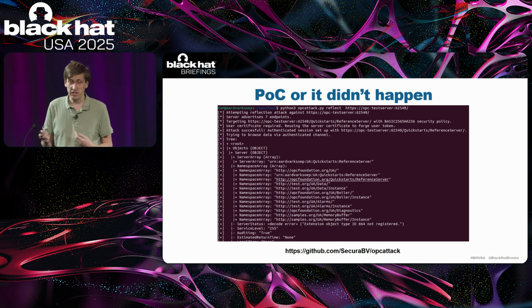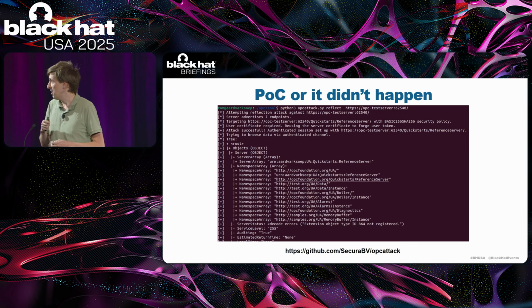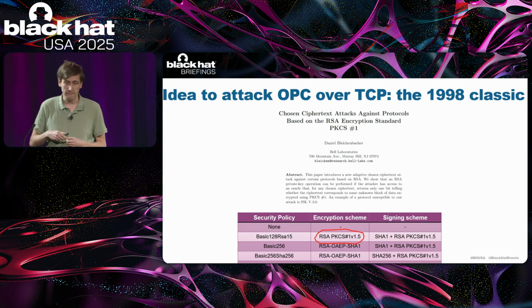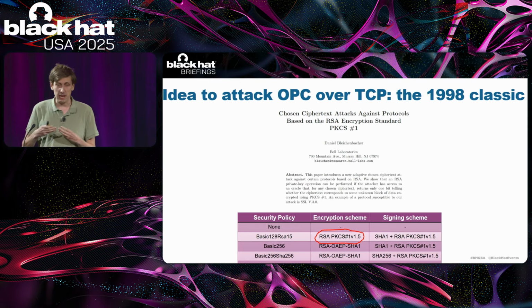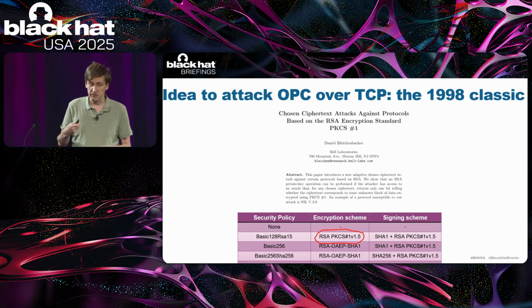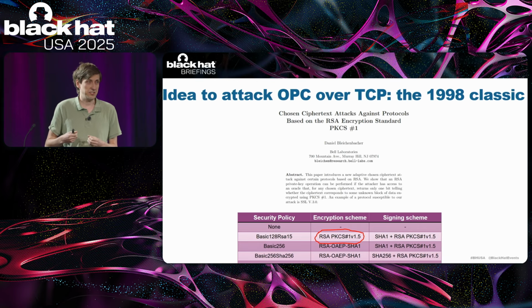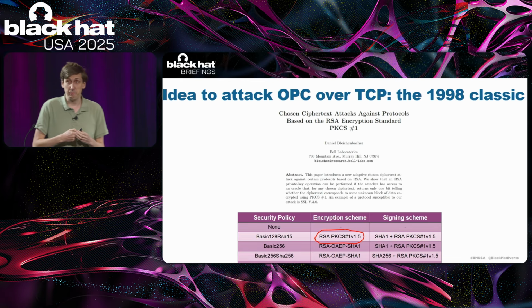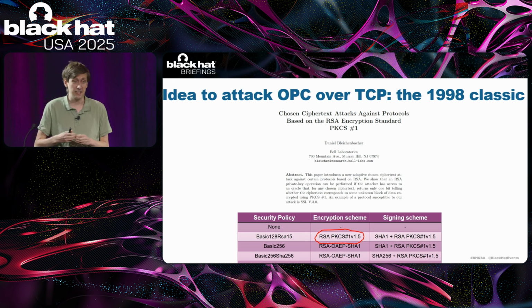So what would be a lot more interesting is to attack the more common variants and go after OPC UA over TCP. My approach there was to take advantage of one of the supported cipher suites, which is based on RSA using the PKCS v1 padding scheme, which has basically been definitively broken by Daniel Bleichenbacher back in 1998.